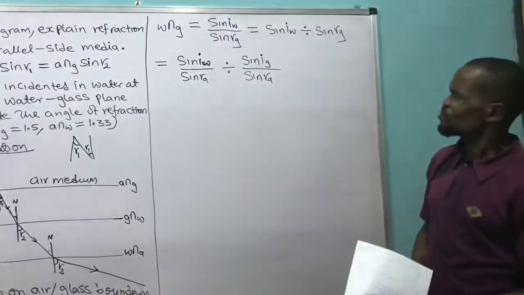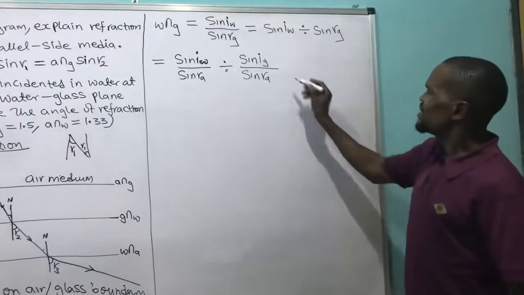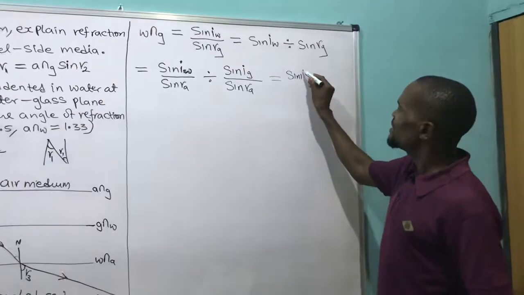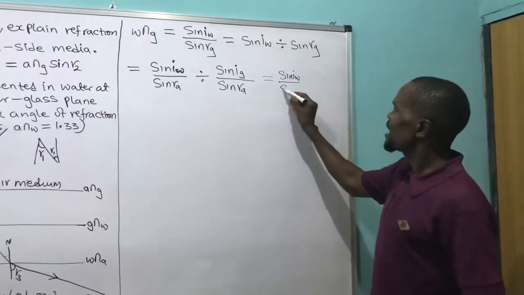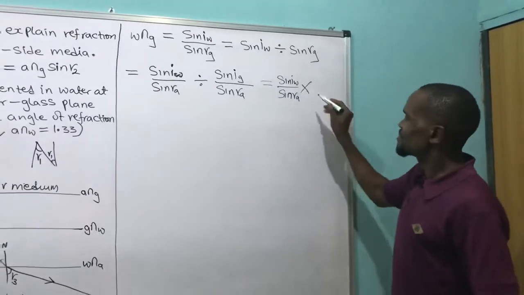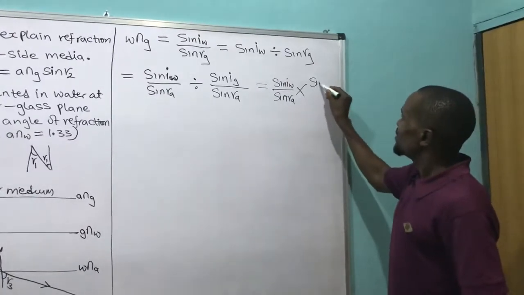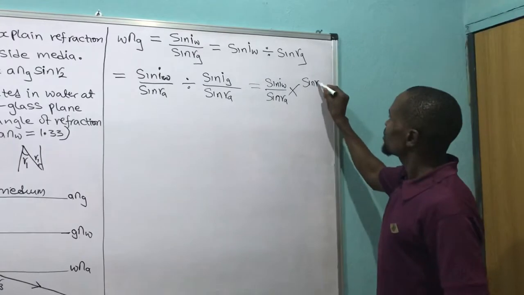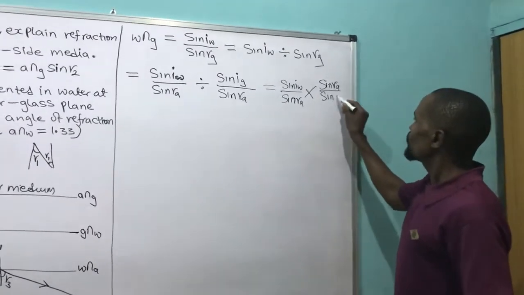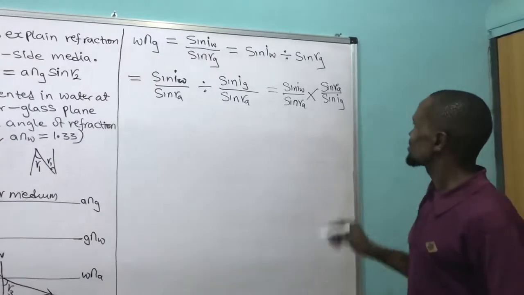Then this is the same thing as sine of incident in water all over sine of refraction in air, times sine of refraction in air all over sine of incident in glass.